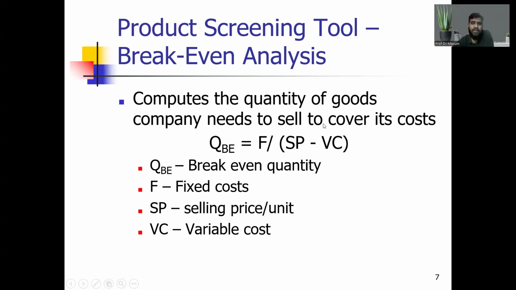And how break-even point works: at which quantity there will be no profit, no loss. That means you will be at break-even.